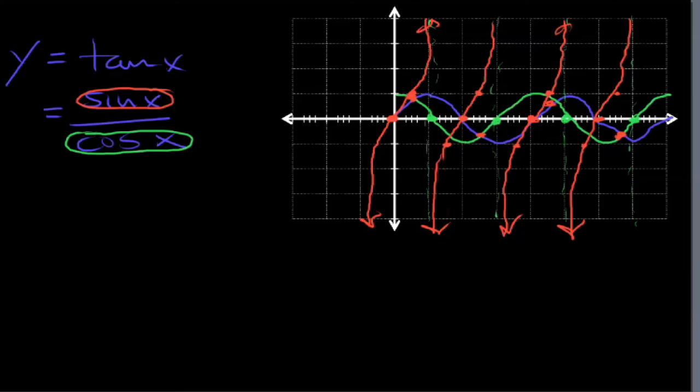Let's say I had y equals 3 tangent of x, then all of these points that are now at 1 will be at 3. All of these here would be at -3. It just multiplies all the y values.